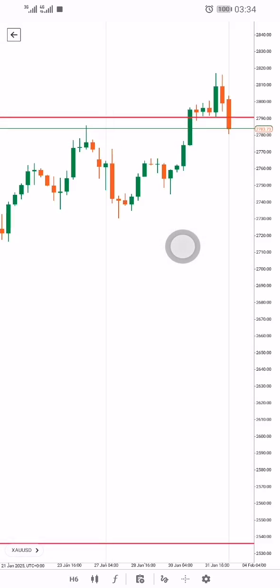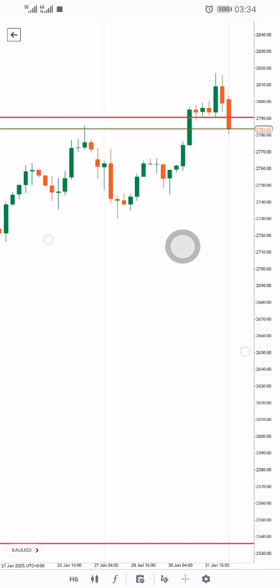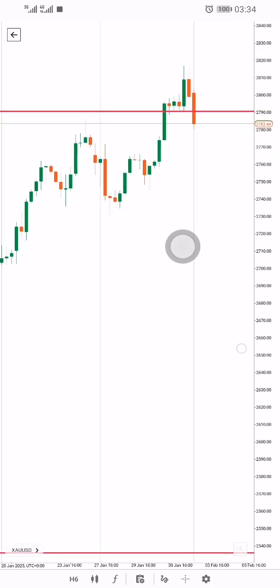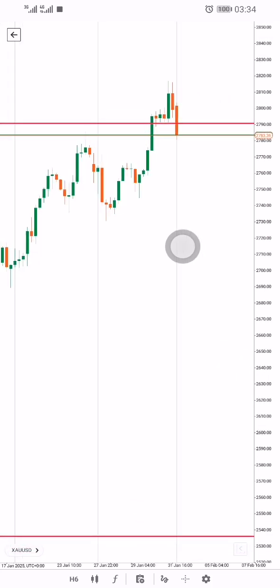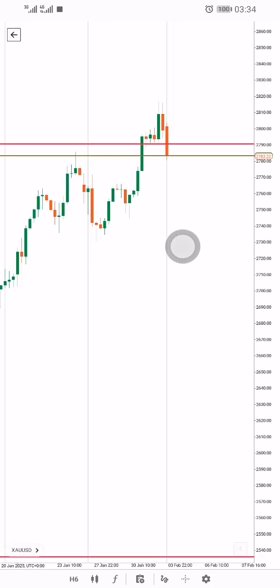So that's the H6. Yeah, well, before I went to the H4, I happened to click on the H6. So anyways, the H6 presented me with this kind of price action here, where there was a break of market structure here.